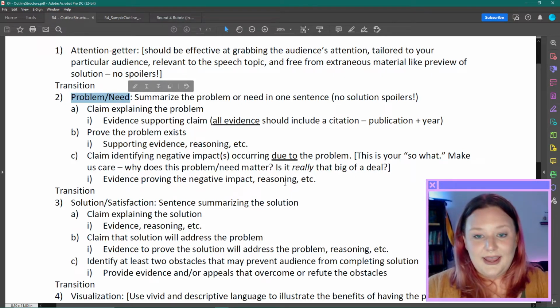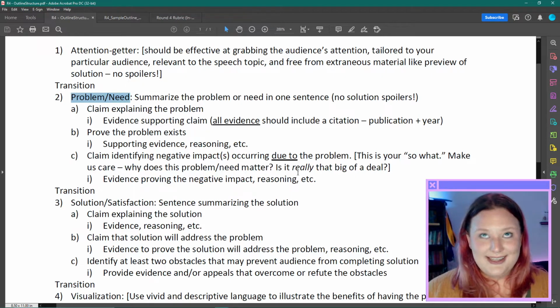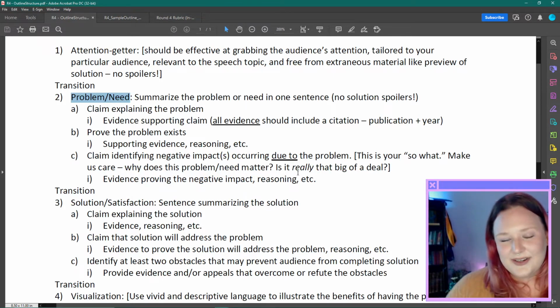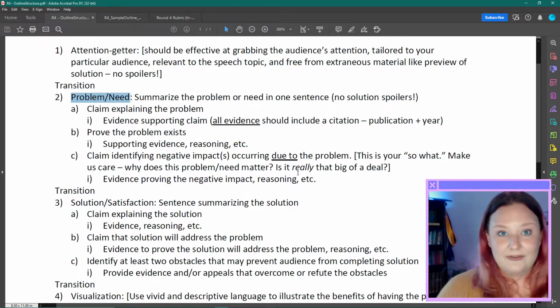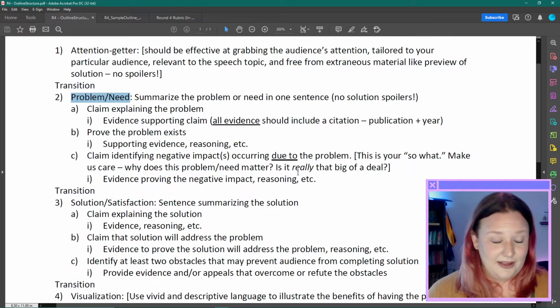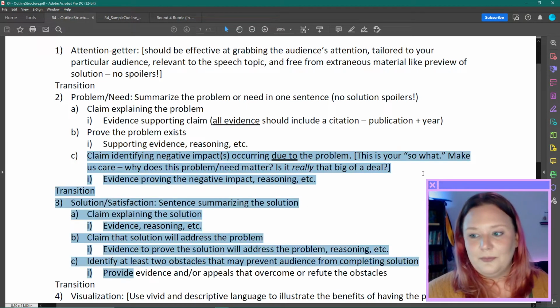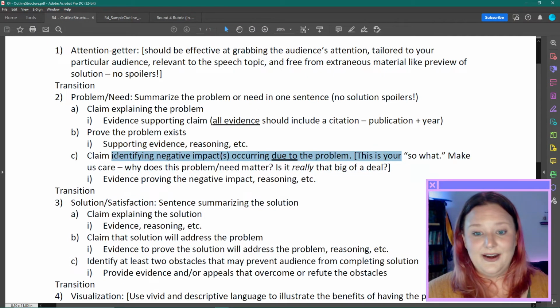A common problem I see in the problem section of some students' outlines, or something they don't quite emphasize or expand on enough, is this final point right here at the end.